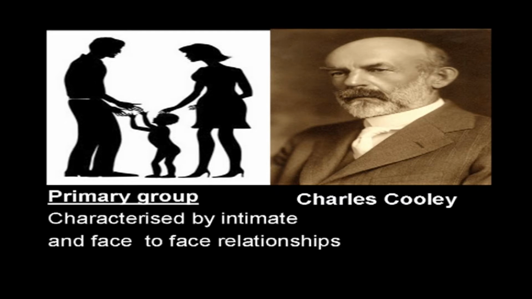First, I will explain the features of primary groups. The term primary group was coined by Charles Cooley. He says that primary groups are the nucleus of social groups. Cooley describes primary groups as those groups characterized by intimate and face-to-face relationships.